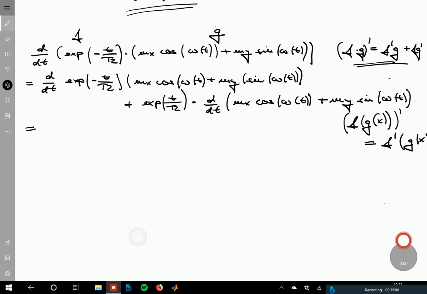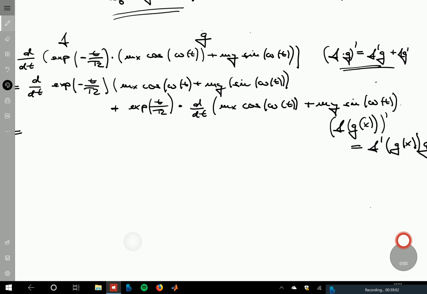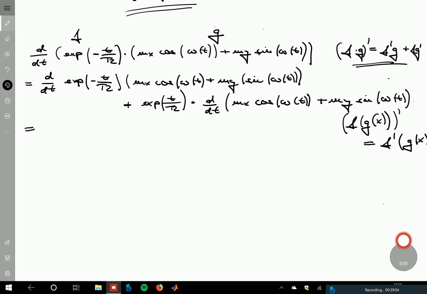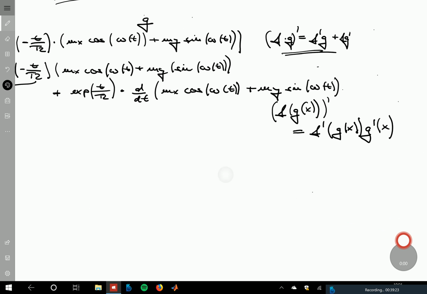Because the derivative of the exponential is what? The exponential. So what do I get then for this bit?